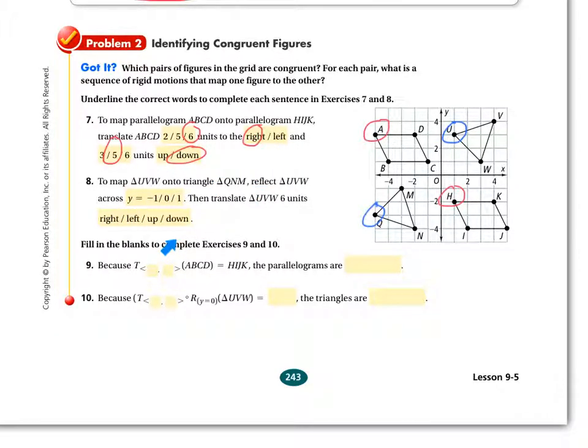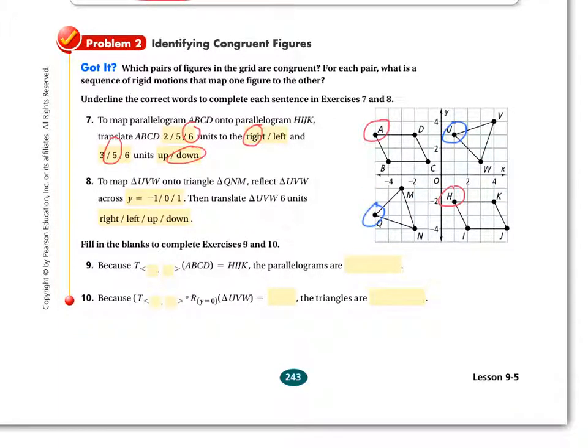You're going to have to do a little bit of pencil work where you might try something and scratch it out and try something else. So you might try a reflection this way first or a reflection this way. It's not always going to be a reflection over the x or the y axis. Sometimes it's a reflection over, maybe, x equals -1, or a reflection over y equals -1. So watch that as you're doing this.